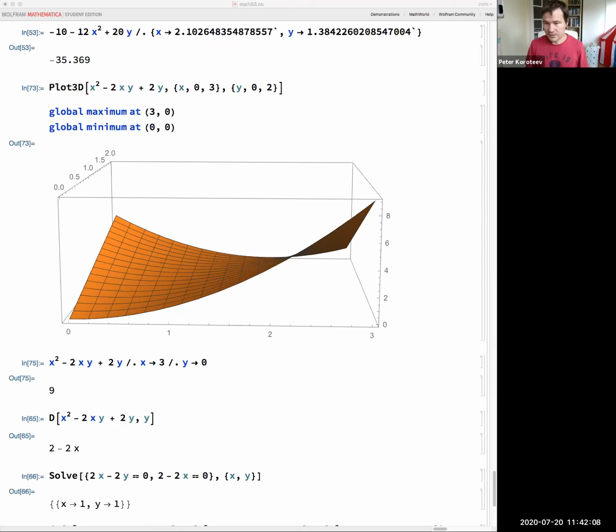Good. Now we have a little bit of time left. I think we should probably not start the new topic, which is Lagrange multipliers. But I think we have just enough time to prove the theorem about the sign of the determinant and how the sign of D determines if you have the maximum or minimum. Unless there are any other questions.